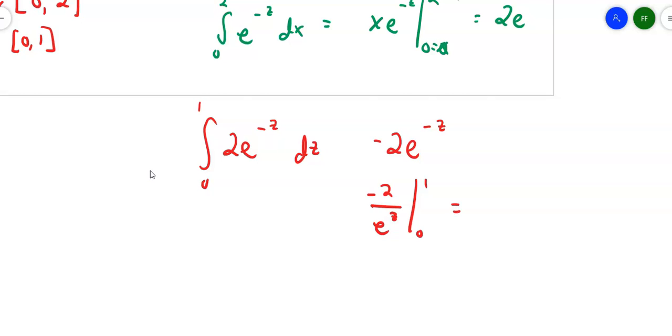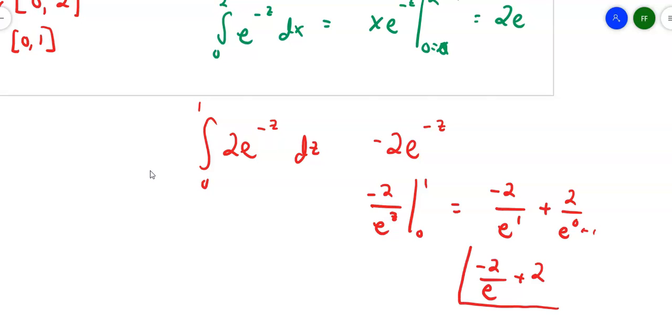Just because there's a 0 in this case doesn't mean it goes away. You'll get negative 2 over e to the first minus a negative 2 over e to the 0. So you end up with negative 2 over e. e to the 0 is 1. So that plus 2. All right, there's my answer. That's triple integrals, just like double integrals, but with one more.